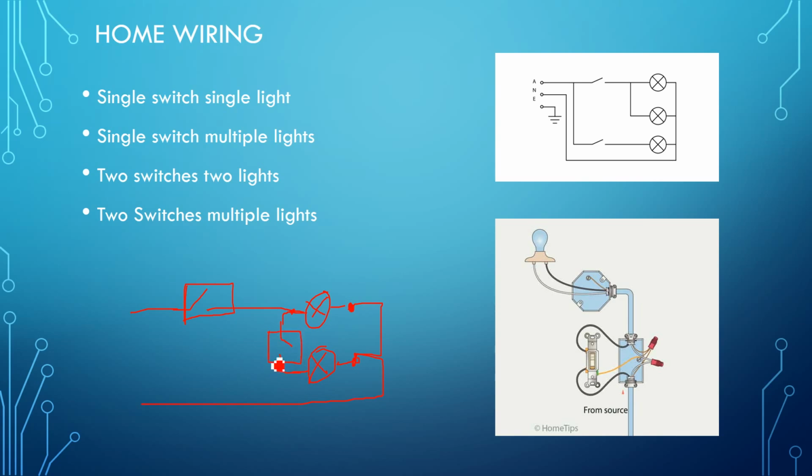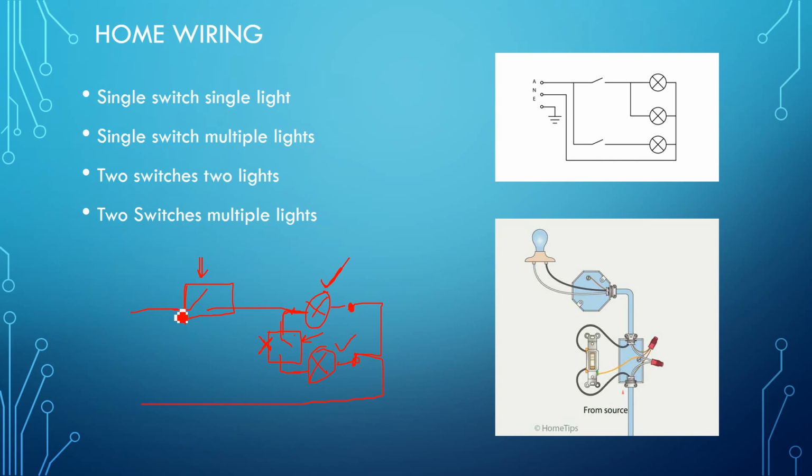What will happen if this is turned on and this is turned on? Both of these lights will turn on. If this is turned on and this is turned off, only this light will turn on because the power will not come here. But if this switch is turned off, then both of these lights will turn off, and this switch will have no role then. So that's why we cannot take it from here.